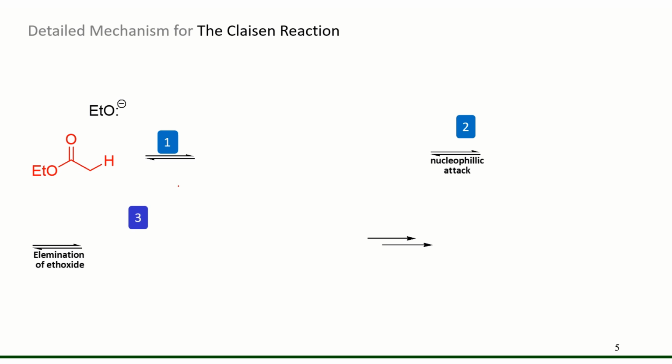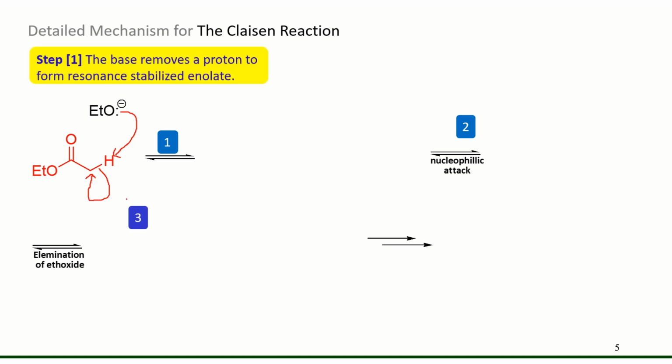Here's a detailed mechanism, and I want you to pause and go ahead and take a shot at this. Firstly, before you go, you should realize by now that we have our base, which we just showed you a while ago, and that will attack the alpha proton of that enolizable carbon to generate the enolate that is resonance stabilized. That enolate will then act as your primary nucleophile attacking the electrophile.